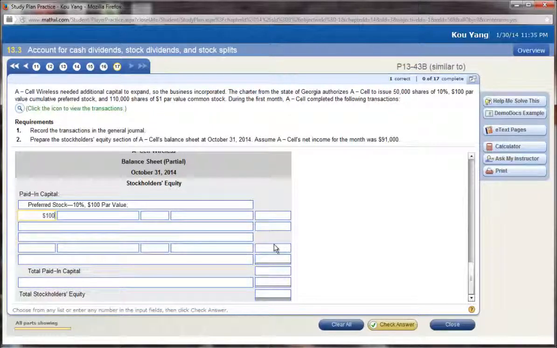It's $100 par value. Oh, never mind. This is just the amount of shares, and it's already up here. So the amount of shares that we issued so far, which is 550 shares.